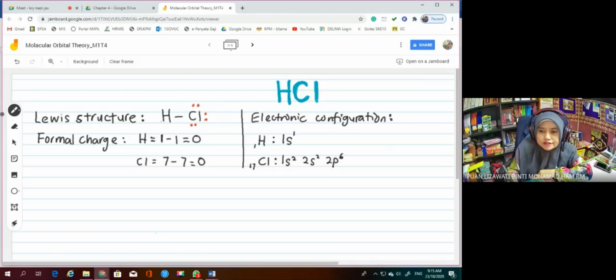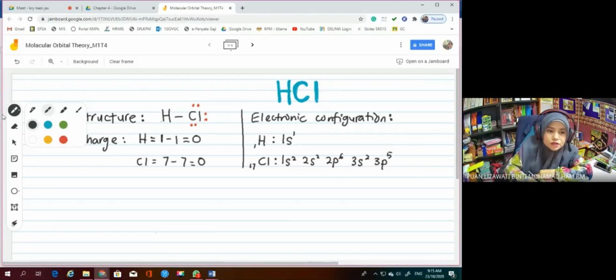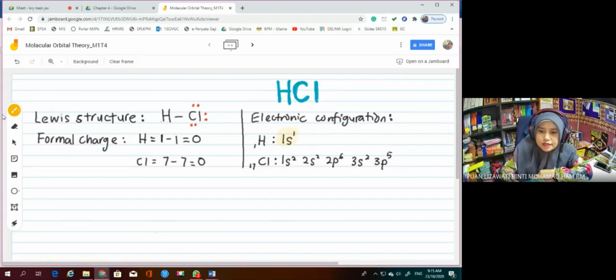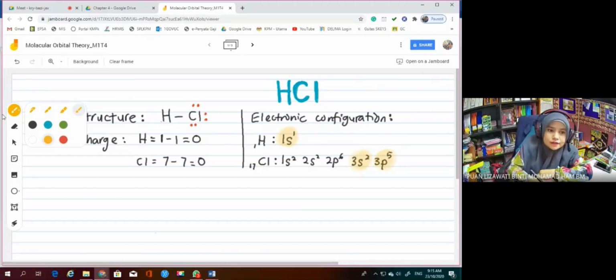Okay, good, correct. 3s2, 3p5. So remember, this is about valence bond theory, so it only involves the valence electrons. We want to know where their positions are. That's why we have to write the electronic configuration.